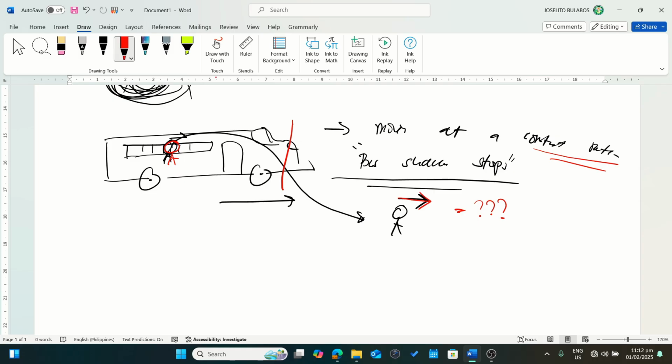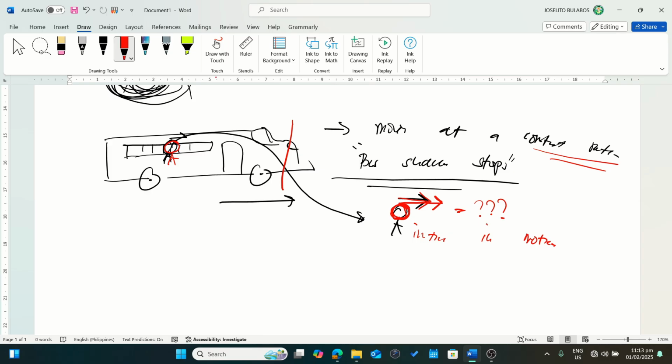Well, the answer is that our body is initially in motion and it doesn't like change. That's why when the bus stops, our body wants to keep moving in this direction.